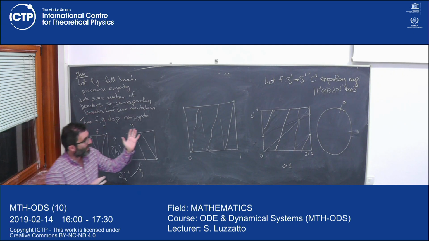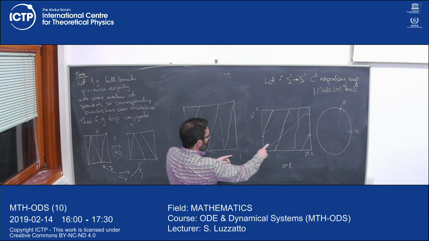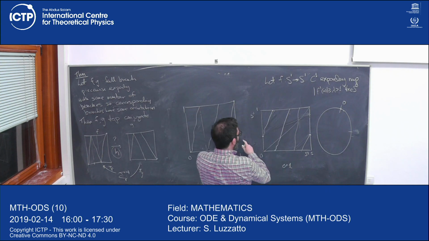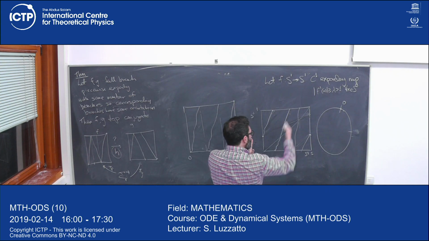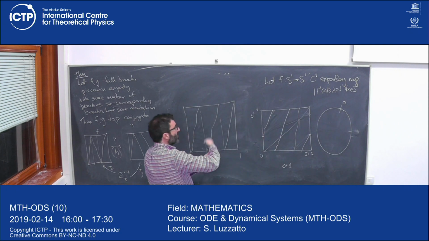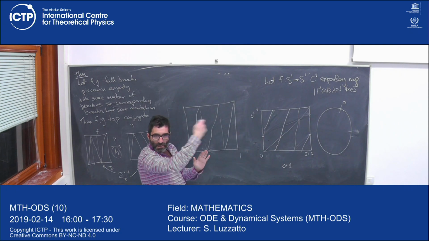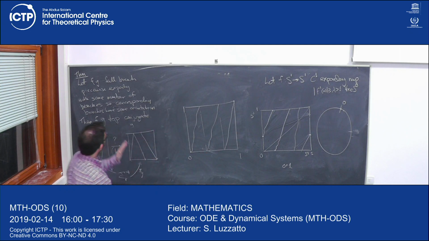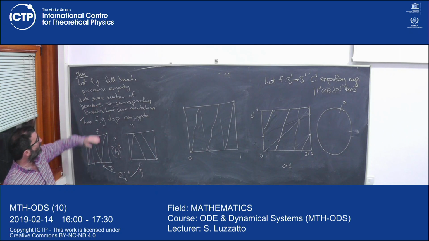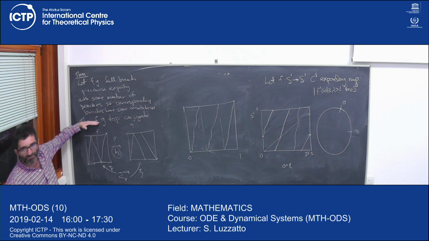Because if you take another expanding map, shifted a little bit, the branches all have to have the same orientation because it's a C1 expanding map. So if it has the same degree, they will have the same number of branches and the same orientation, and therefore they will be conjugate.